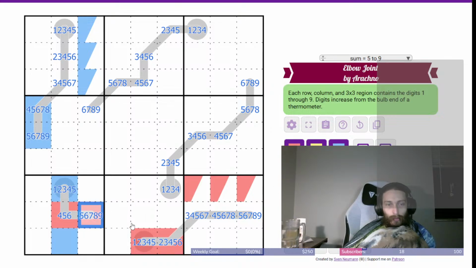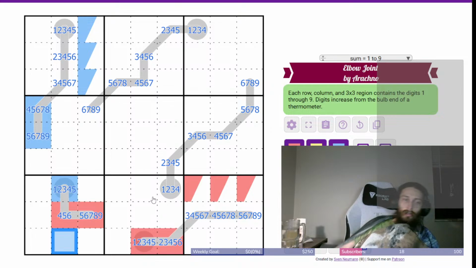I can even go as far as to say that's red as well. You can make that a 4. That can be 5 or 6. Well, if those are both red, that would have to be 5 and 6. Right. So 4, 5, 6. 7, 8, 9. 7, 8, 9.